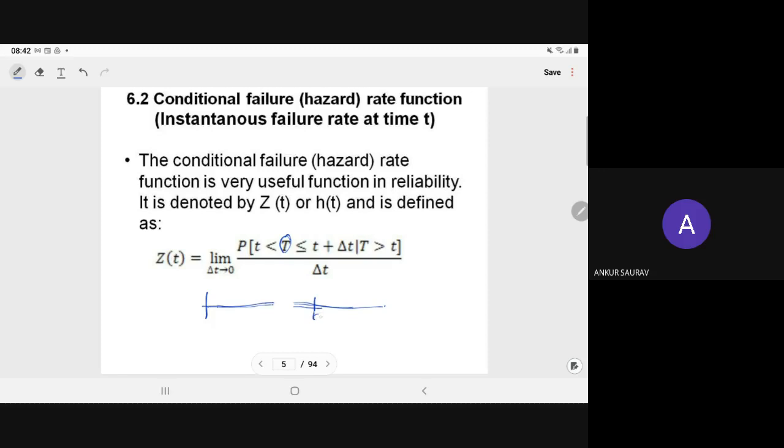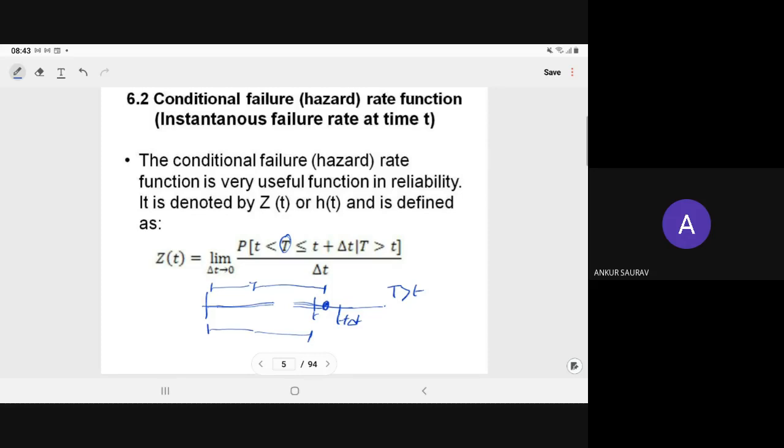Here we have any time t, and here we have t plus delta t. Up to t there is no failure, because T greater than t is given to you, and capital T denotes the time to failure. So up to the small time t there is no failure. Failure occurs after t, in the small interval of time delta t.